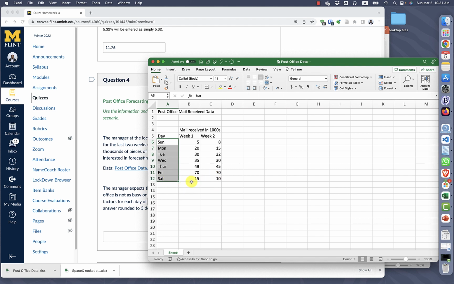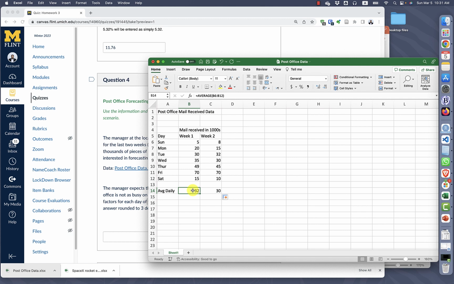So to calculate the seasonality, we need the average daily demand or the average daily values. And so we have to take the average of week 1, and then we can just drag it to the right to get the average of week 2. So week 1 on average, the average day was 32,000 pieces. Week 2, the average day was 30,000 pieces.